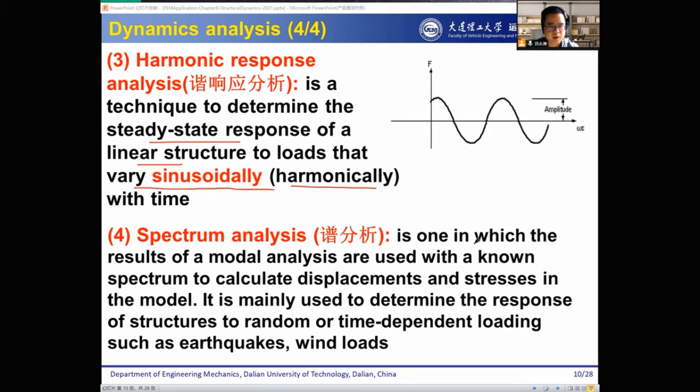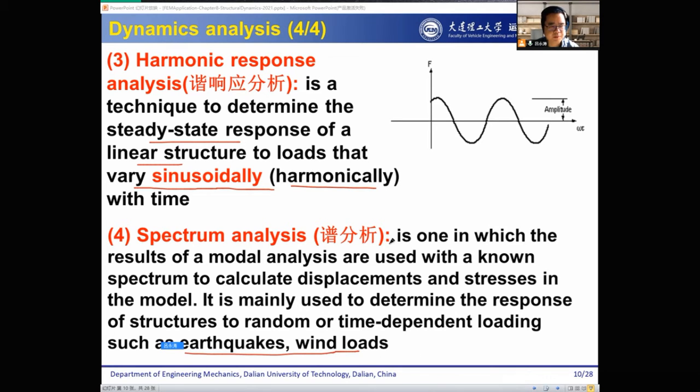Spectral analysis is the one in which the results of a modal analysis are used with a known spectrum to calculate displacement and stress in the model. It's mainly used to determine the response of structures to random or time-dependent loading, such as earthquake and wind loads.